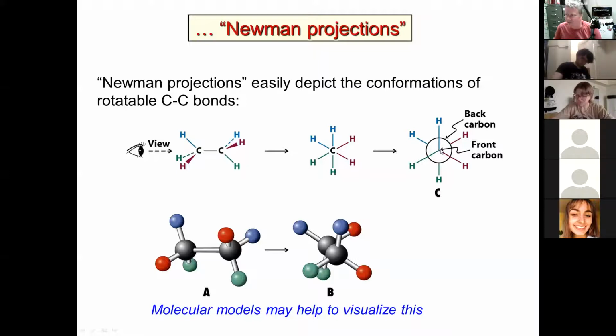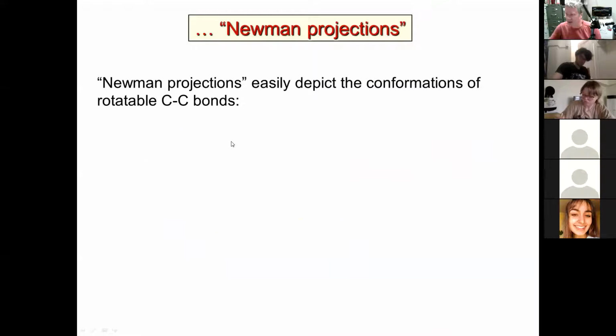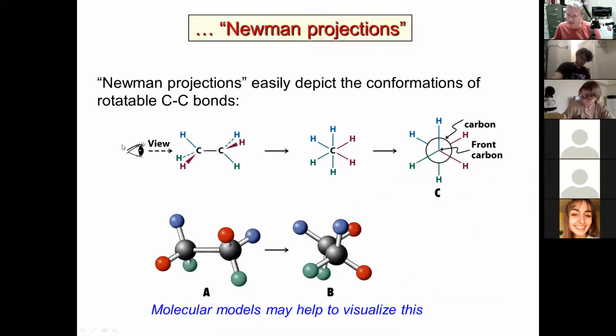The front carbon, which is this carbon, based on our perspective, if we're at the board or the computer. And there's a circle that depicts the back carbon, which in this case is this carbon, right? That make sense? Based on us being over here, this is the close carbon and this is the far carbon. The close carbon is the little dot with the 3 things on it. The back carbon is a circle.